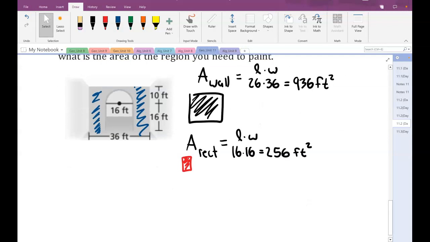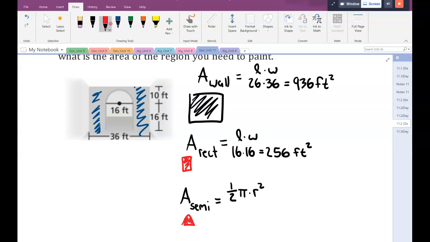Now we're going to find the area of that semicircle. I'm going to write area of semi. Semi just stands for semicircle. To find the area of a whole circle, that's pi times r squared. But we only want half of it, so if you stick a 1/2 in front of it, you're splitting your area into 2 equal halves.